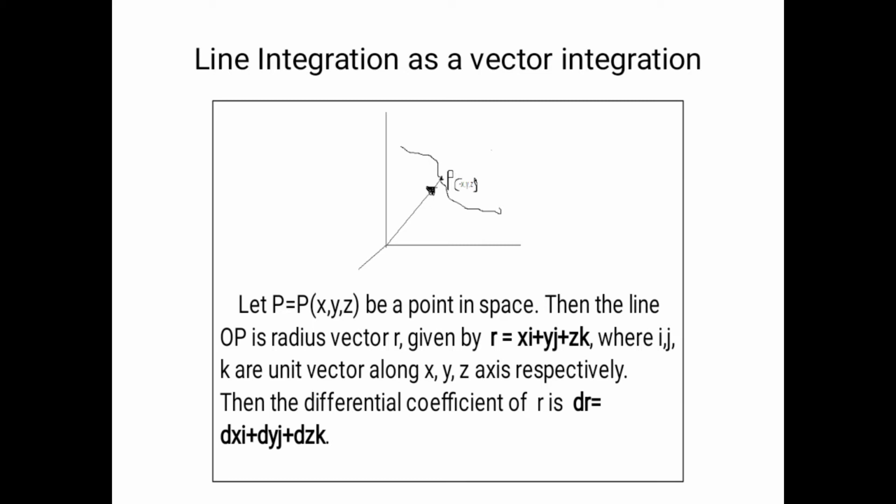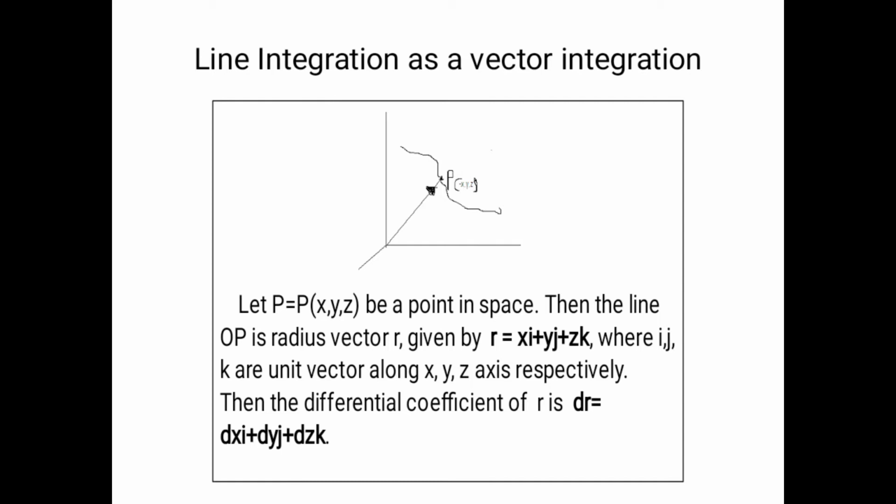For example, if we take two vectors a and b, the dot product a dot b is a scalar function, and a dot b denotes the magnitude of the component of a along b. What I am saying, a dot b will denote the magnitude of the component of the vector a in the direction of b.